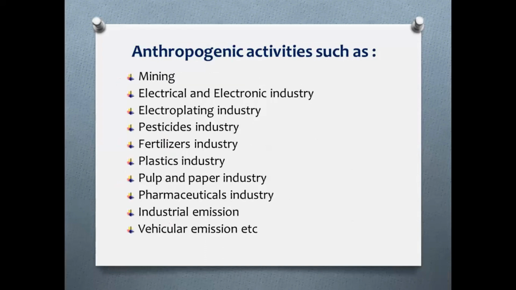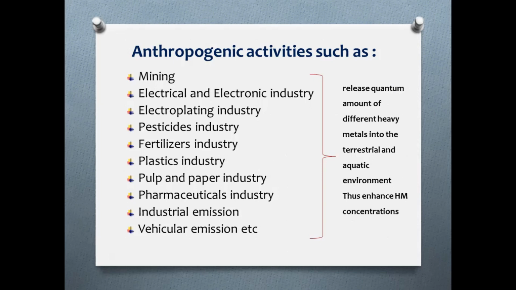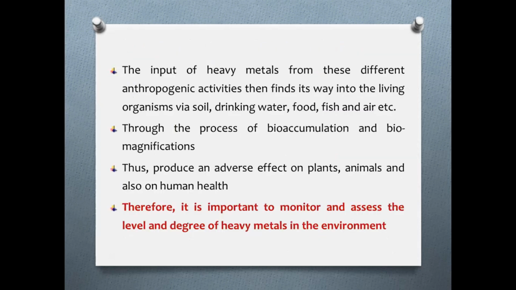On the contrary, with modernization, industrialization, and the advancement of human civilization over the past decades, various anthropogenic activities such as mining, electrical and electronic industries, electroplating, pesticide, fertilizer, plastic, pulp and paper, and pharmaceutical industries, industrial emissions, and vehicular emissions, to name a few, release large amounts of pollutants, including heavy metals, into the terrestrial as well as aquatic environment, resulting in an exponential rise of heavy metal levels in the environment.